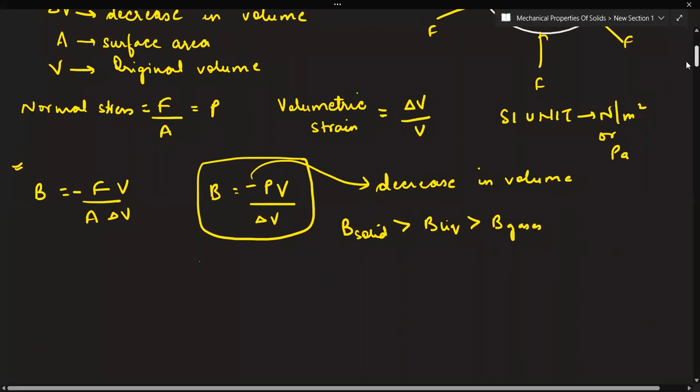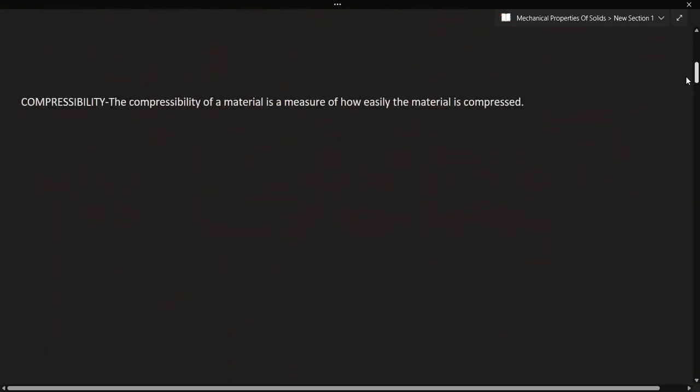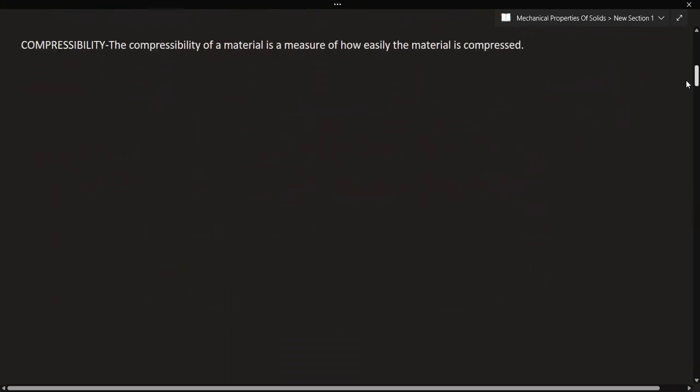See, after this, we have one more quantity that is known as compressibility. So what is compressibility? Compressibility is a measure of how easily the material will be compressed. It is simply the reciprocal of bulk modulus.